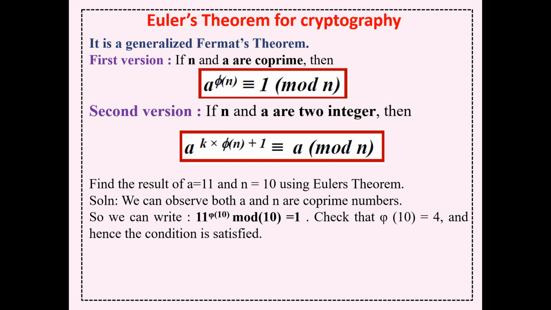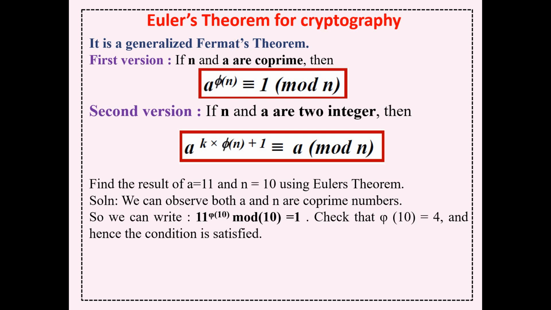Here the same thing except that p is now replaced by phi n, where phi n is the Euler function defined by all those 4 rules that we have discussed. Understood what I mean? This phi n, in case of Fermat's theorem, was specifically for p, because a to the power p minus 1 is congruent to 1 mod p. That's what we discussed in last day's class.